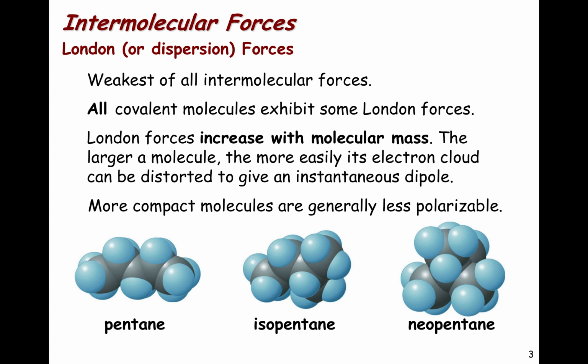So, comparing pentane to isopentane to neopentane, these are all isomers of one another, and if the molecule is generally quite compact, as you see in neopentane, then it's less likely to have a distortion of its electron cloud.